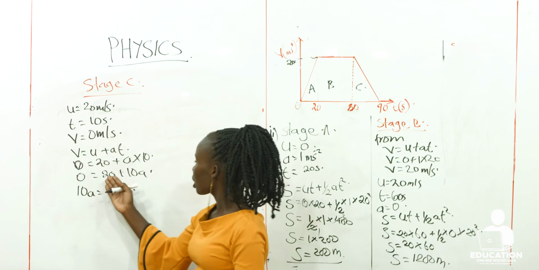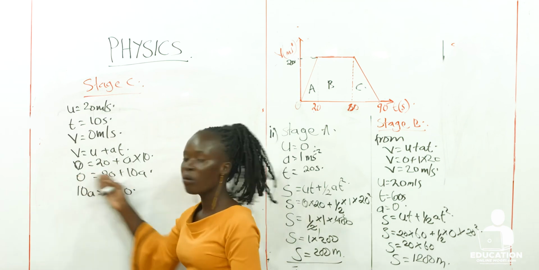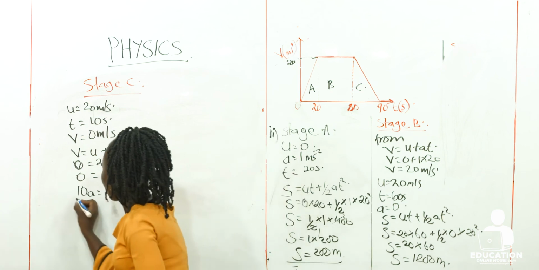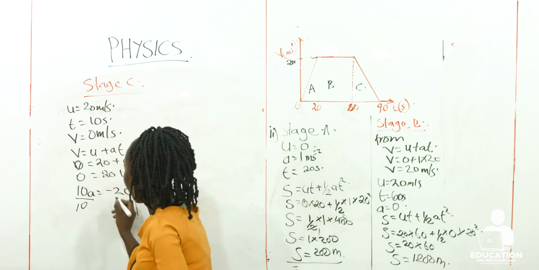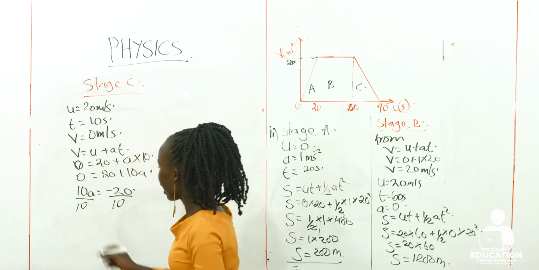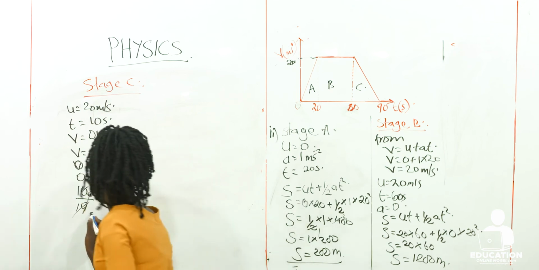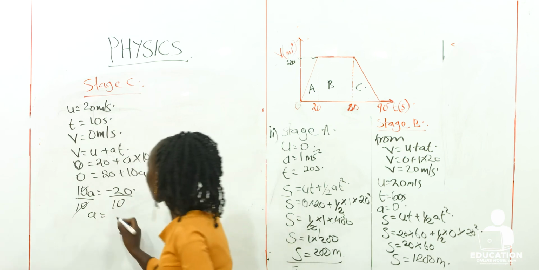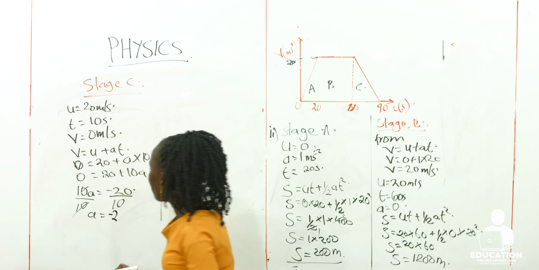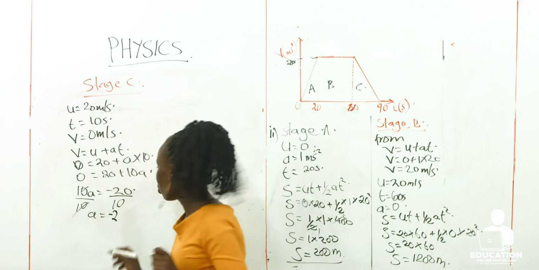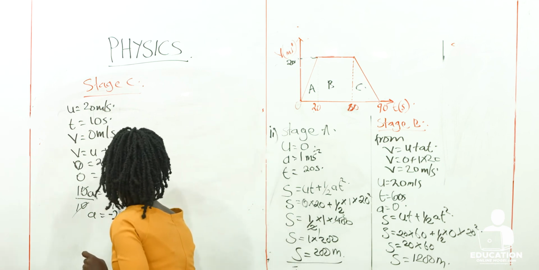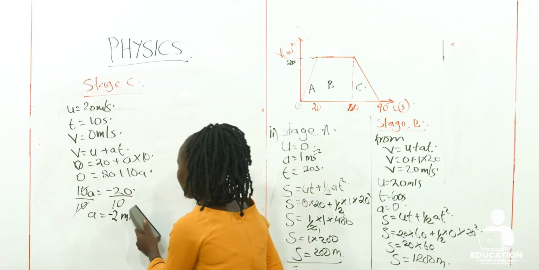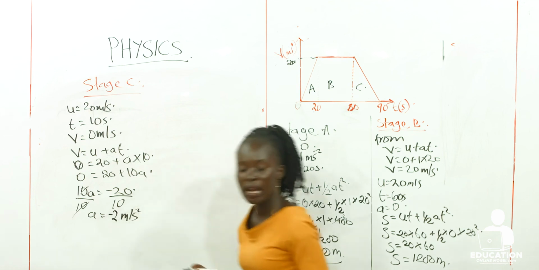That means we have subtracted 20 from both sides of the equal sign. Then you divide through by the coefficient of A, which is 10. We shall have A equals negative 20 divided by 10, we shall get negative 2. That means that the body was decelerating at the rate of negative 2 meters per second squared. We are having this negative because the body is moving in the opposite direction.